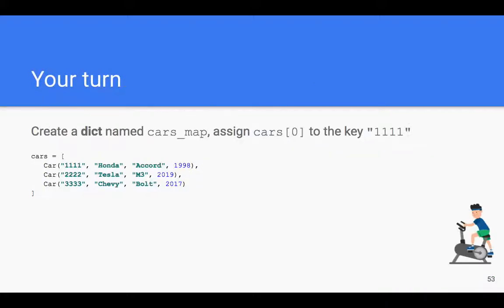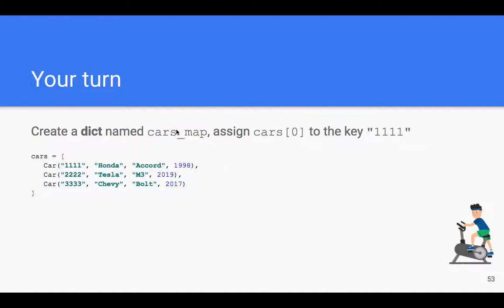Before we do that, I think this is something you should be able to do. Why don't you create a dictionary and call it cars map, because like I said, dictionary is also called a map in other languages.